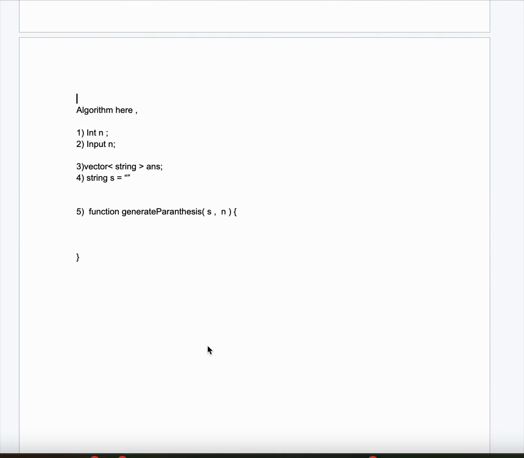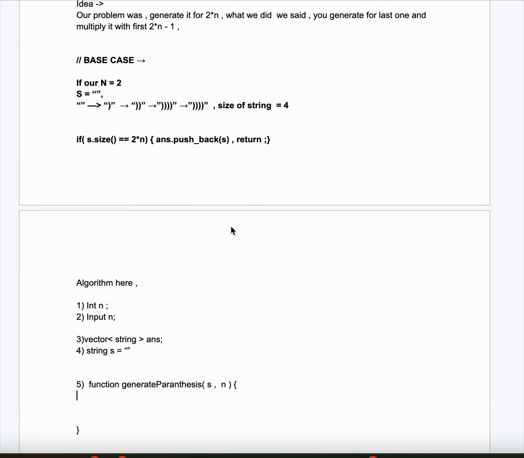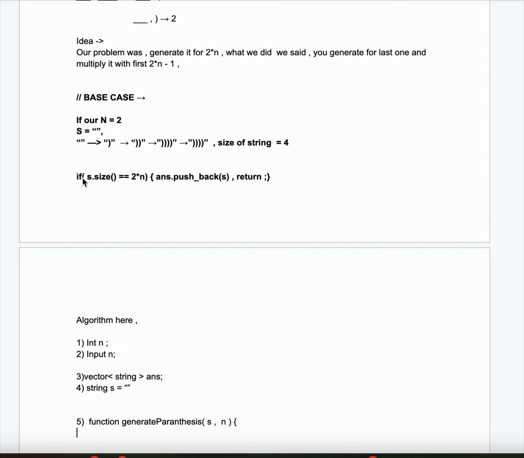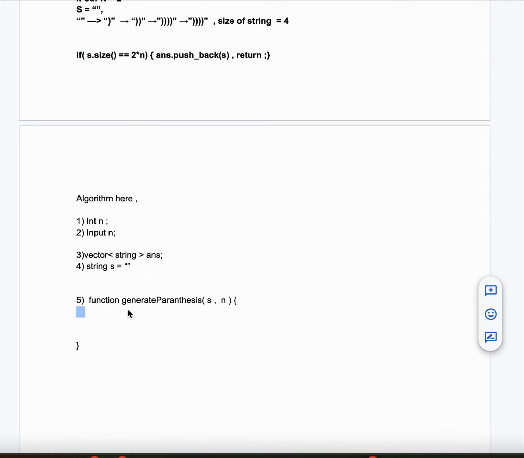Now let's go back to the algorithm. In the function generate, we can write the base case here. Copy this, paste it here. Now we have a string as empty at the start. So we will first attach the opening bracket, then attach the closing bracket, then call the same recursion again.